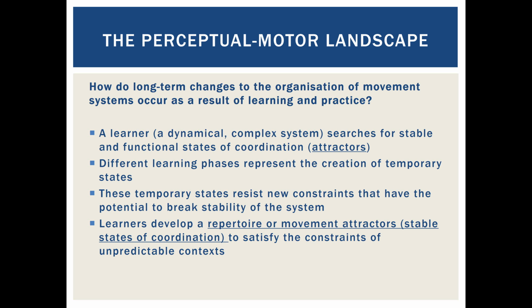What that means is, while someone is practicing, their body is a complex system, and they constantly look for the most economical way to perform a particular movement. And as we learn, we create different of those temporary stable states, those attractive states.